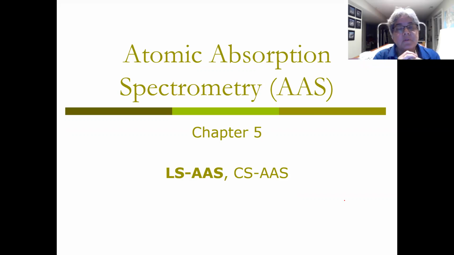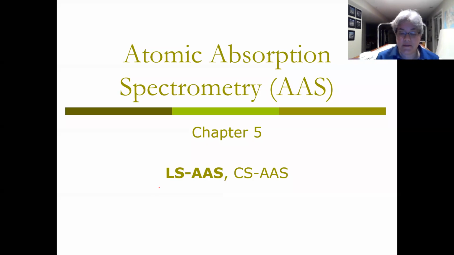Okay, remember back to Chapter 3, line source, continuum source. So we're going to focus on line source because that's the most common. That's the type you've done in the lab. Continuum source is a more powerful method, but it's also a very expensive instrument. So I'll mention it briefly, but again, our focus is the line source AAS.